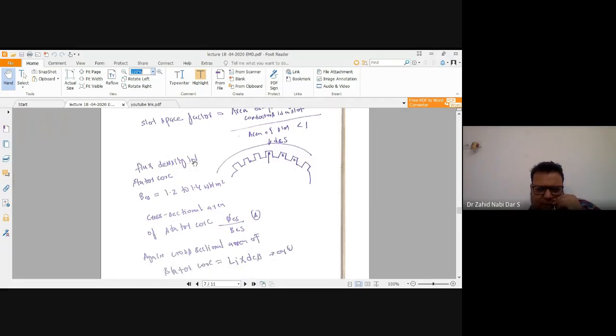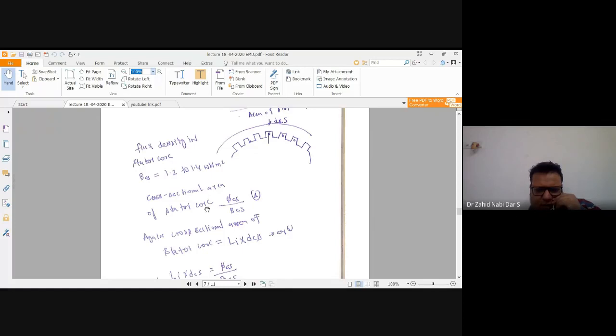Flux density in the stator core would be around 1.2 to 1.4 Weber per meter square. Your cross sectional area of the stator core would depend upon your phi. This is your flux, and B is equal to your flux by area. So your cross sectional area would be equal to flux by BCS.